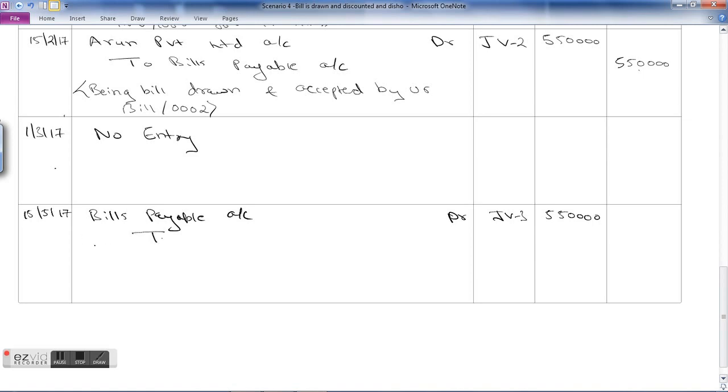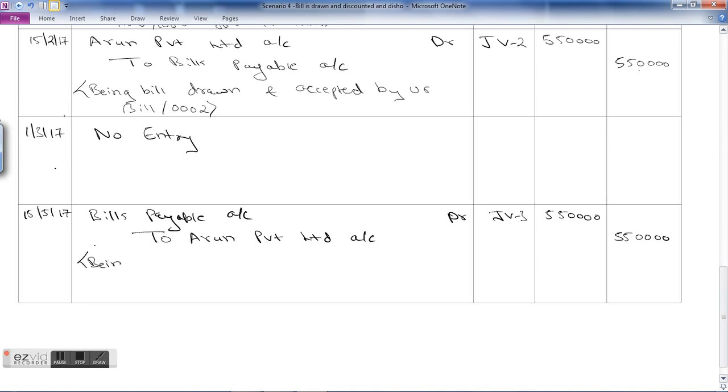Now there is one more liability which we need to create. We need to increase the balance in Arun Private Limited since the amount will be payable to him. Okay, so to Arun Private Limited account and amount is 5,50,000.